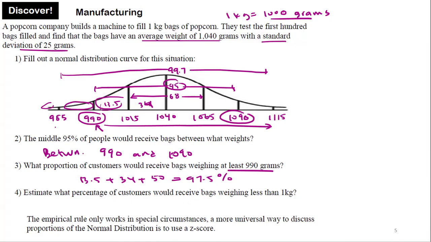So that will be the 0.15 plus 2.35, because this is 0.15, this is 2.35, and then this is 13.5, and part of 13.5. So that's going to give us about, this little squiggly means approximation, less than 16%.